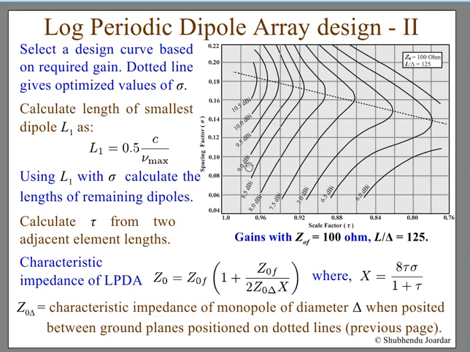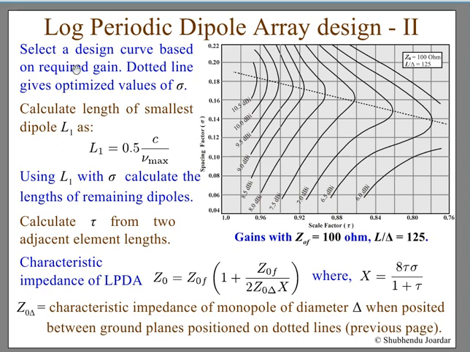So for different gain curves, you have to select a point on this straight line. You must be on the straight line. If you want to make an antenna of 7 dBi, you must be at this point, and you have to get the value of tau, and correspondingly give the value of sigma. That is for your optimized design.